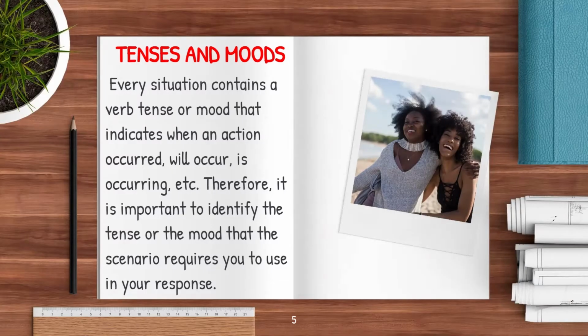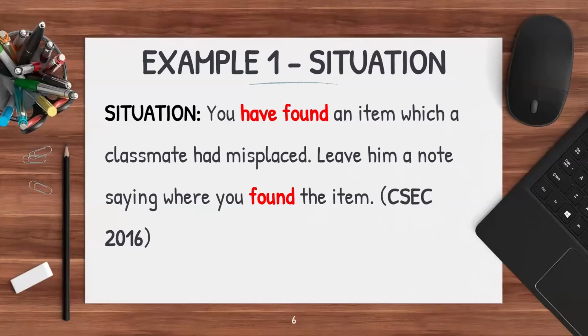So you have to pay attention to the verbs being used in the situation. And that's going to tell you whether you need to use the past tense, the present tense, the future tense, conditional, etc. Now let's look at an example from CSEC 2016, the 2016 past paper.